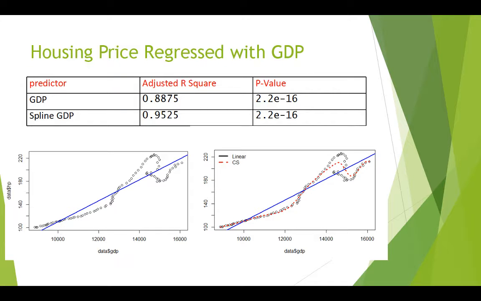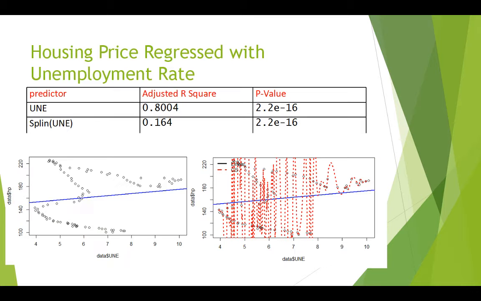The first variable is GDP, which has a positive relationship with the house price, since a high GDP gives people a high salary, which increases the demand for houses. The red plot is regressed by the linear model combined with the spline model. We can see the spline model is better because the R-square is about 0.95, which is higher than the linear model.